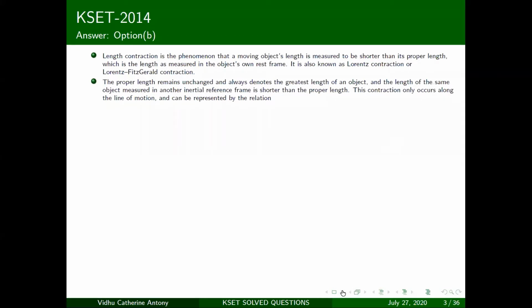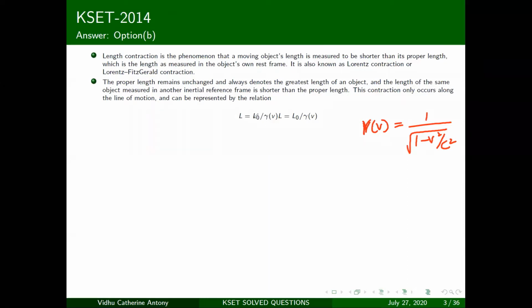So I will just jump onto the formulae directly. Basically L is the improper length and L naught is the proper length. Your gamma of V is equal to 1 divided by root of 1 minus V square by C square. So you divide the proper length by that quantity, which means this denominator is going to come on top.